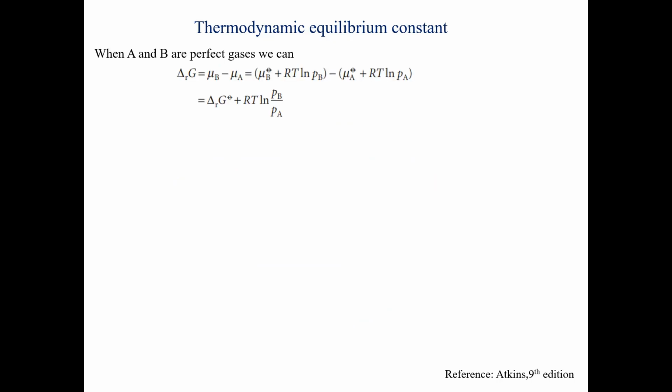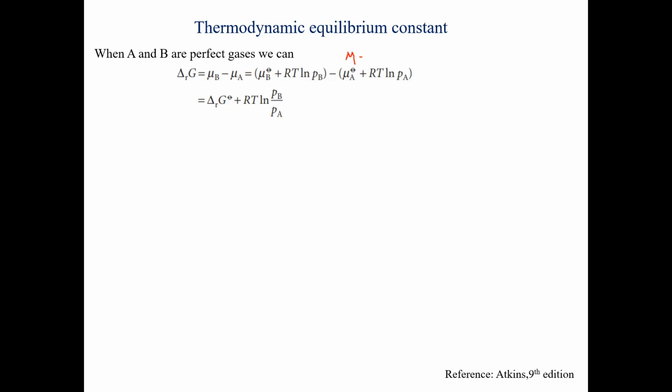When A and B are perfect gases, we can write the molar Gibbs energy of reaction is equal to mu B minus mu A, where mu corresponds to chemical potential.